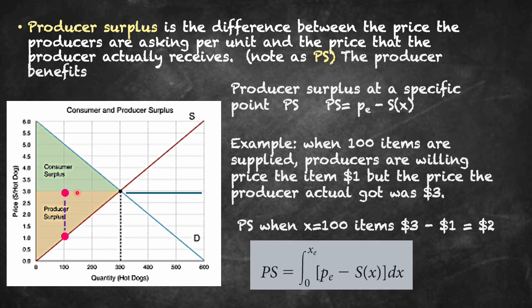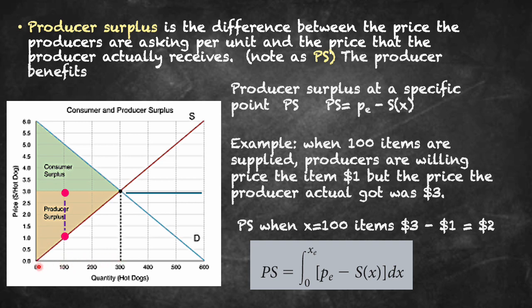If we want to find that entire shaded yellow area, we want to find the accumulated producer surplus from 0 up to 300 in this specific example, but in general, we would look at the x value of the equilibrium point. We're trying to find that area, and again, we've been practicing that. To find the area between two functions, we use the limits of integration.